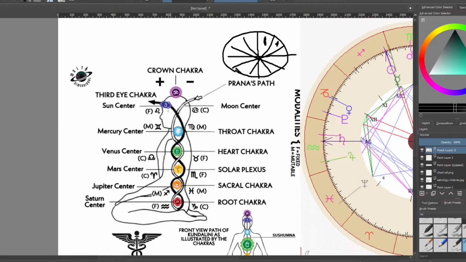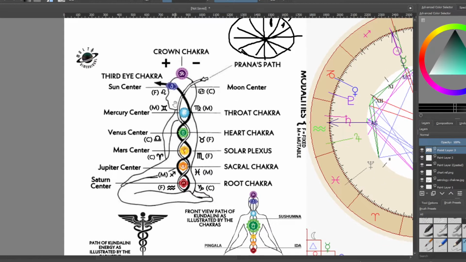Okay, specifically the vision. Now the moon, here we have Cancer, is at the back of the head, which relates to memory, dreams, intuition. It's the subconscious aspect.